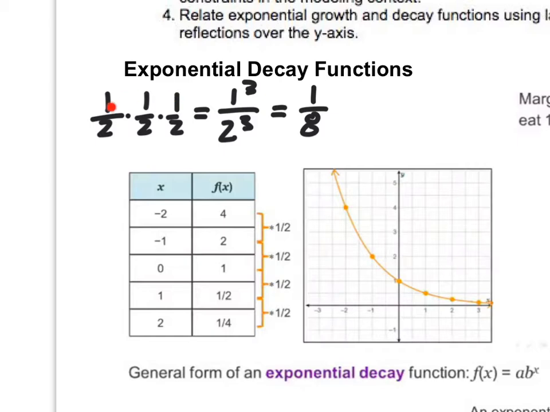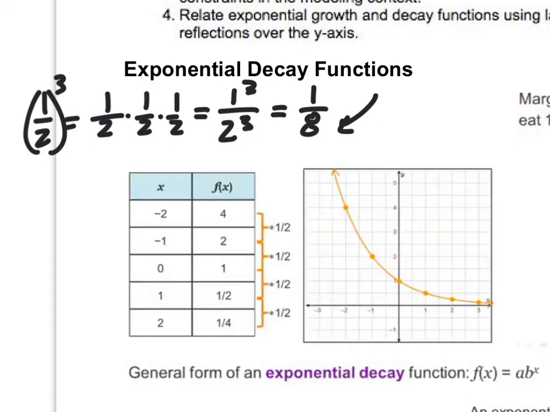Just so you understand the idea here, if I take 1/2 times 1/2 times 1/2, when you multiply fractions, you just multiply across. So you get 1 times 1 times 1, which is 1 cubed, over 2 times 2 times 2, which is 2 cubed, which gives you 1/8. When you multiply with fractions, the numbers get a lot smaller. Raising 1/2 to the 3rd power means multiplying it 3 times. You multiply your numerators and then your denominators.